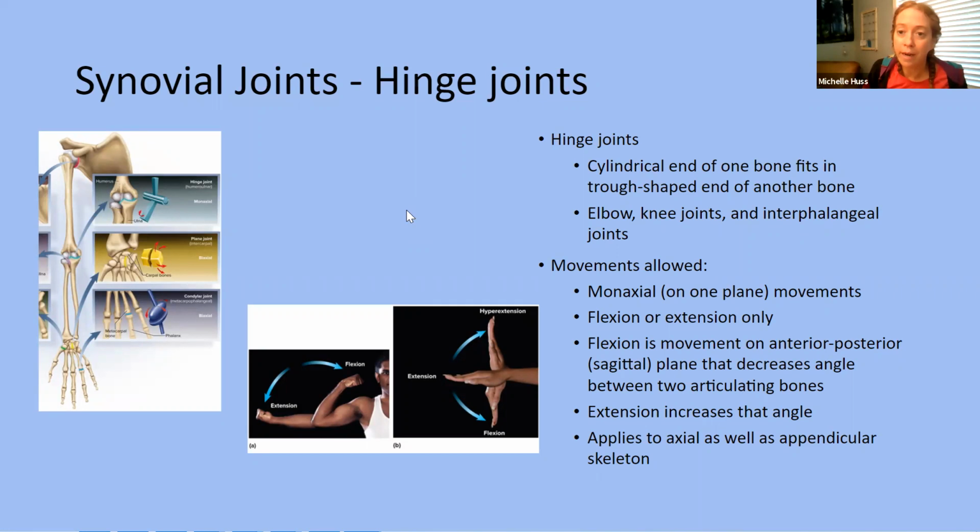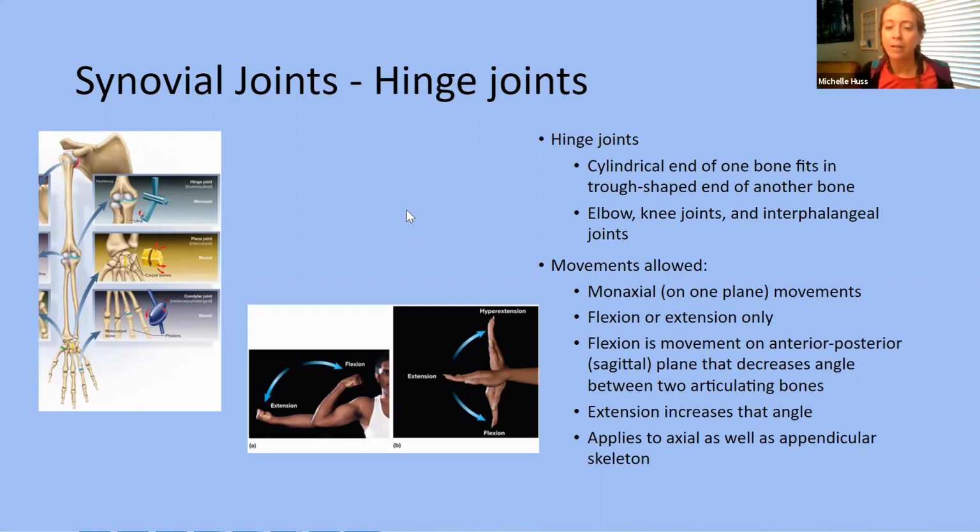And it allows for more motion, more movement than a gliding joint. However, it's still pretty limited in one plane, that you're moving in one plane rather than many planes. Okay, what else do we need to know about hinge joints? You don't have to use the word monoaxial, but I'd like you to have some examples.